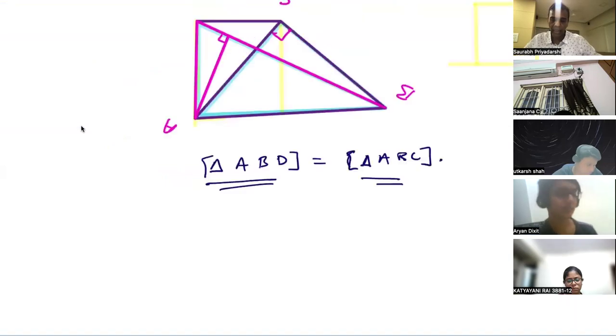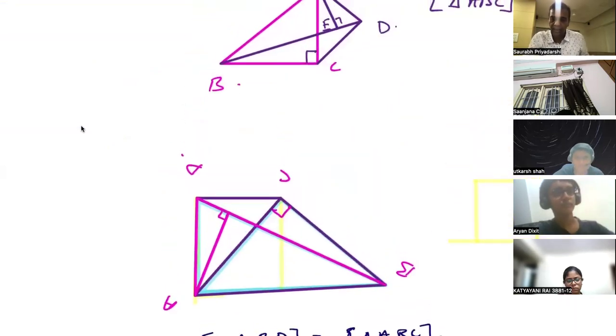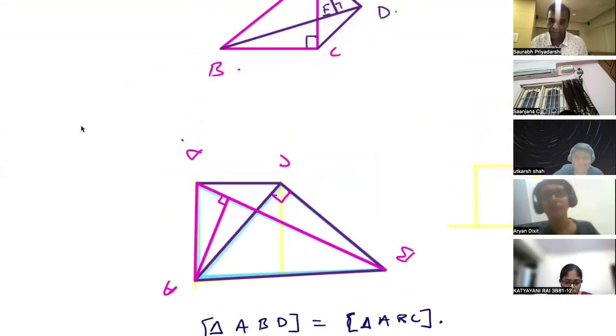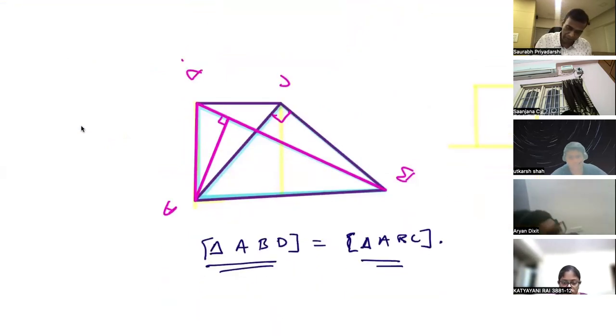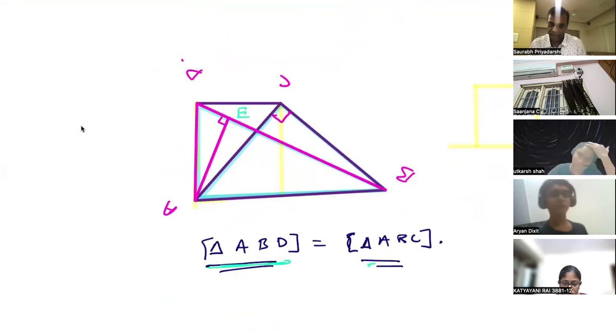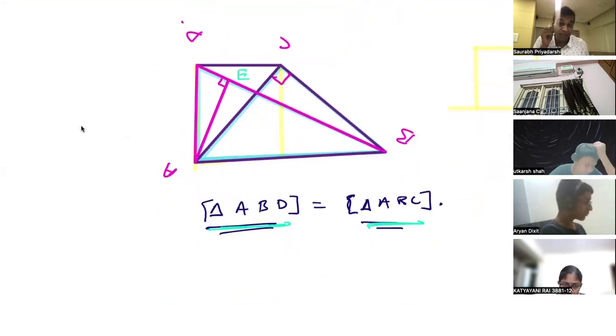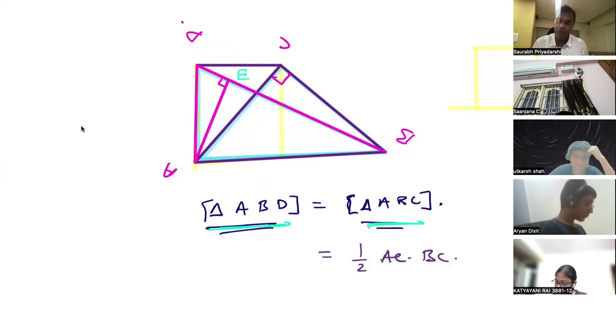Okay, so what I was saying: this was E, right? So both the areas are equal. So what I can say from this, the area of this triangle ABC is half into AC into BC.